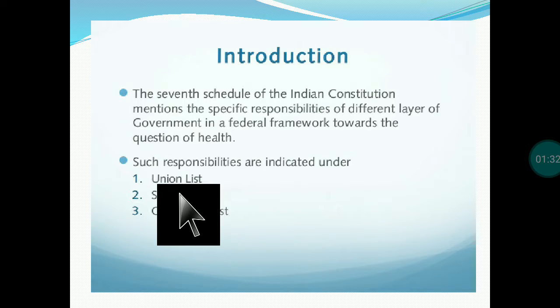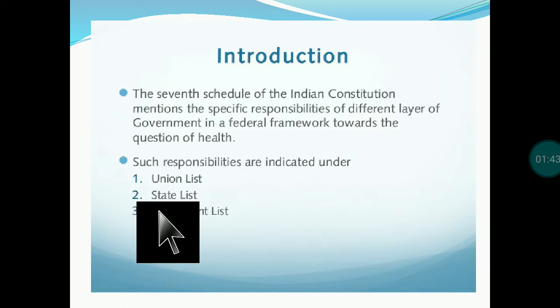The union list comes under the central level and has 97 subjects which are associated with the different central authorities. Next we have the state list.